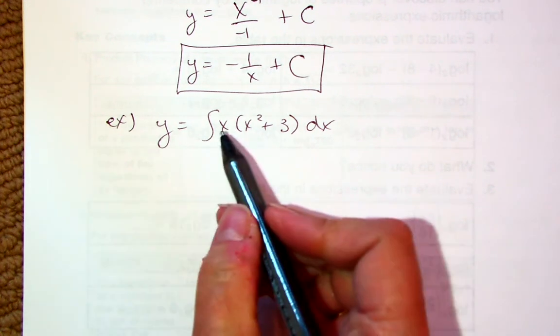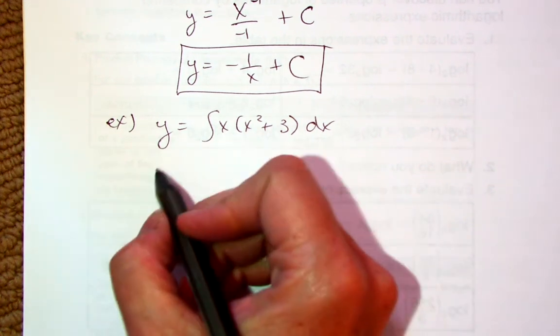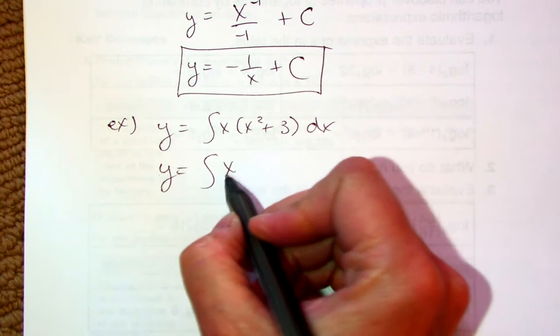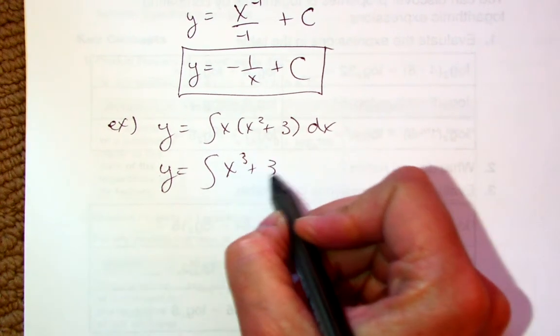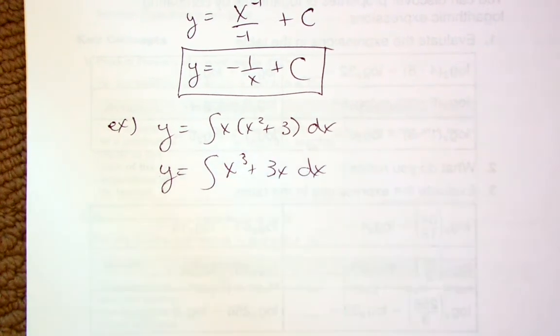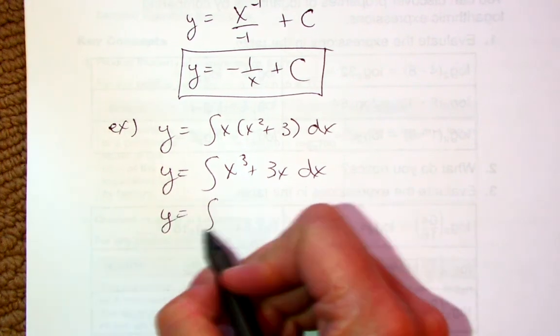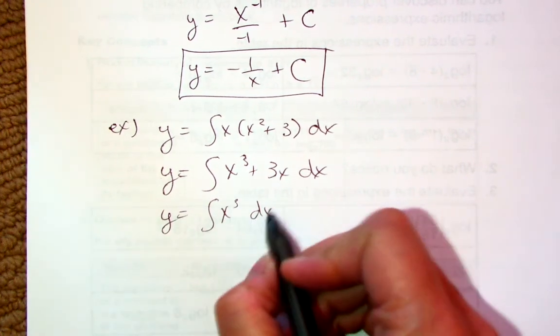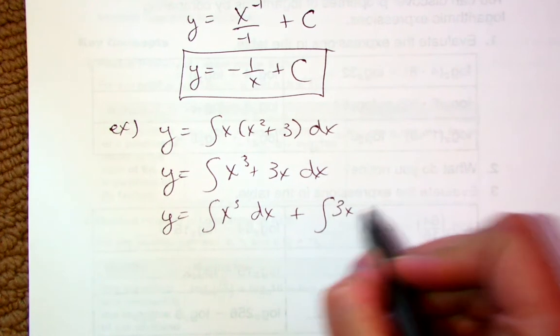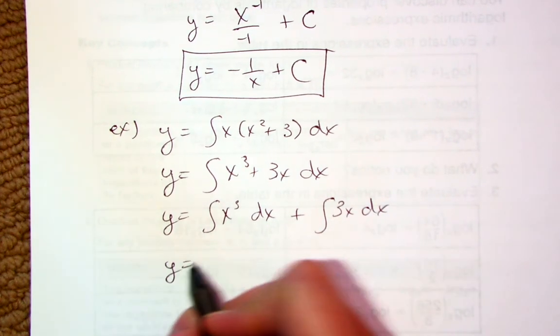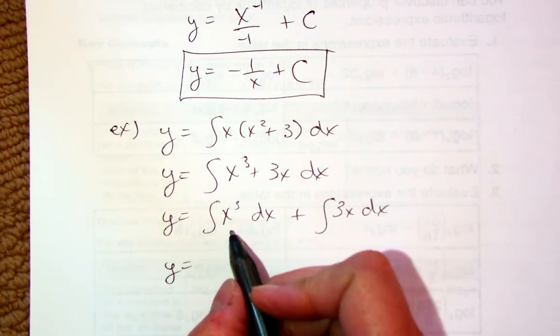So we don't know how to handle when it's multiplication yet. So what we're going to do is we're going to go ahead and multiply that through. And then we're allowed to break it up and integrate each piece on its own. I'm going to go ahead and do that.